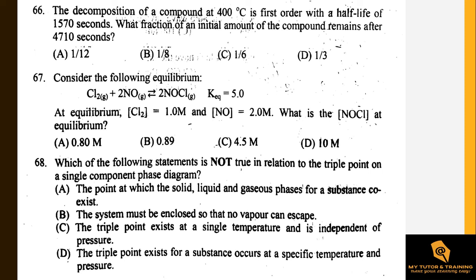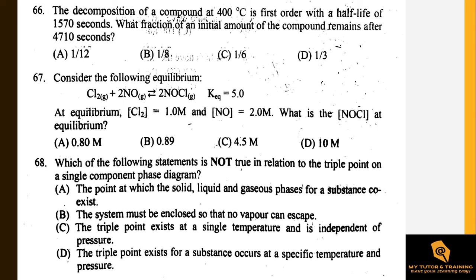And let's come to question number 68. Which of the following statements is not true in relation to the triple point on a single component phase diagram? By the way, at the triple point for a given substance, solid, liquid and gaseous phases exist at equilibrium, the system must be enclosed so that no vapor can escape, and the substance occurs at a specific temperature and what? Pressure. At a specific temperature and pressure.